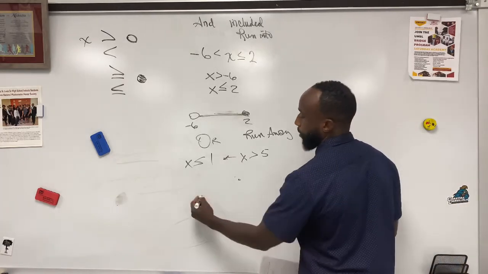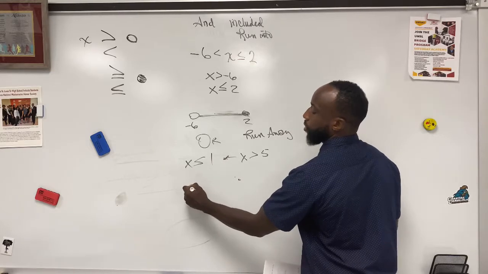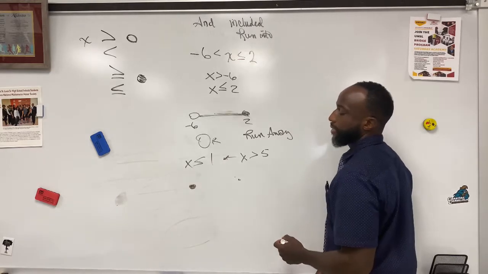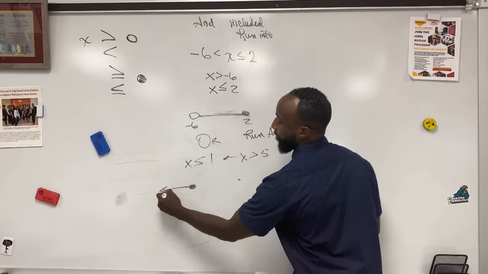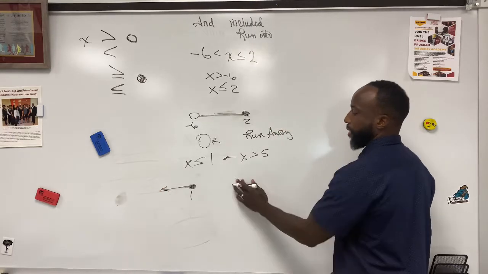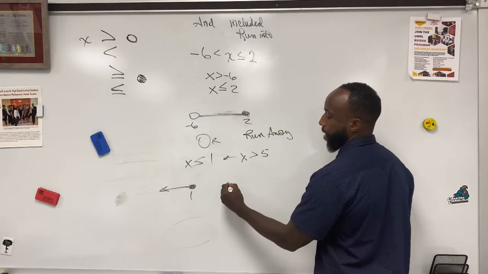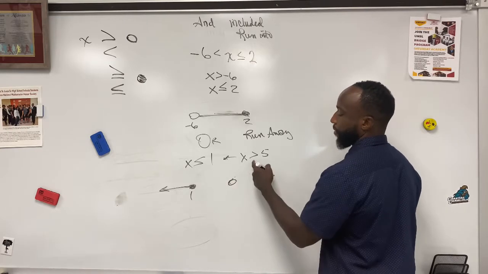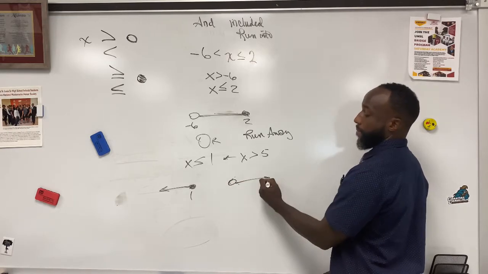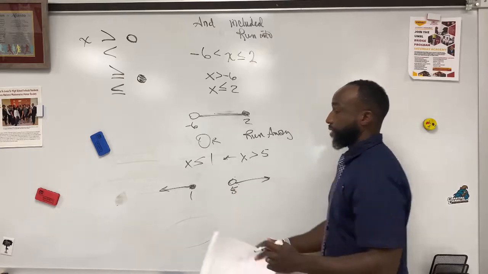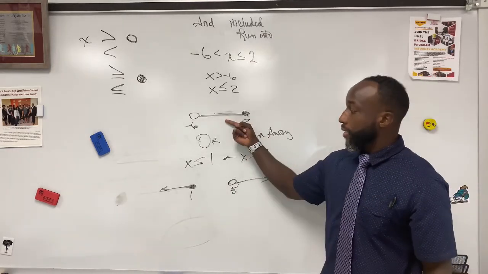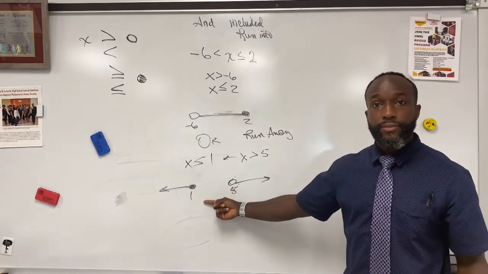Start with the lower, smaller number. Less than or equal to, closed circle, going towards negative infinity, 1. And then you have open circle 5, x is greater than, going to positive infinity. This is what an or would look like. And run into each other or run away from each other, okay?